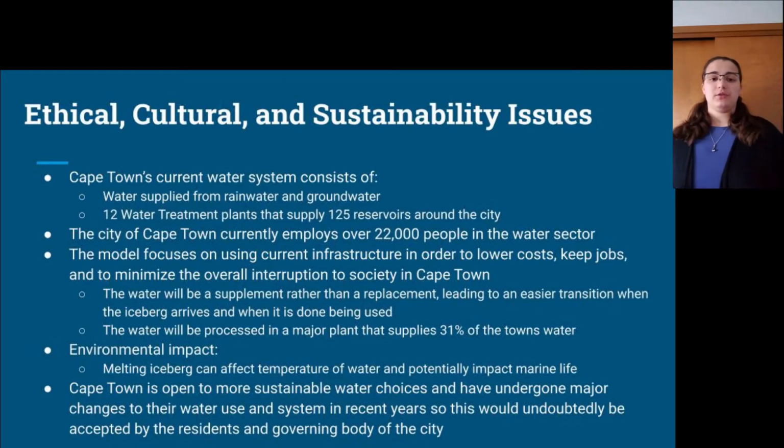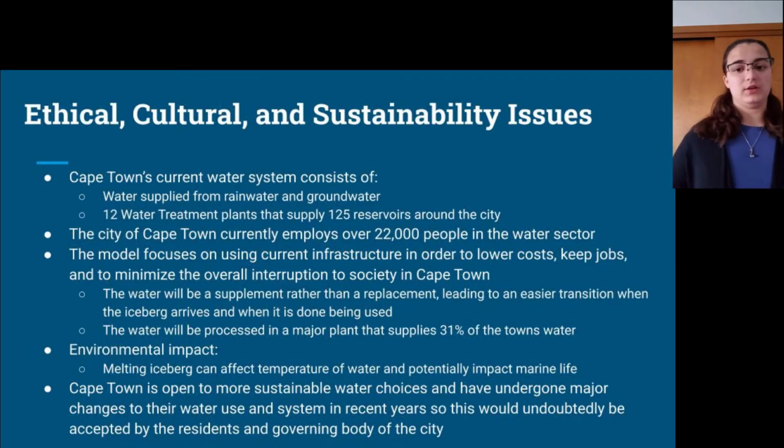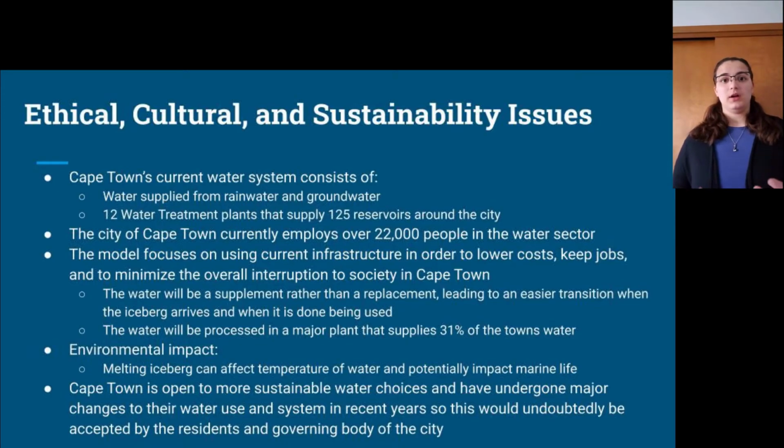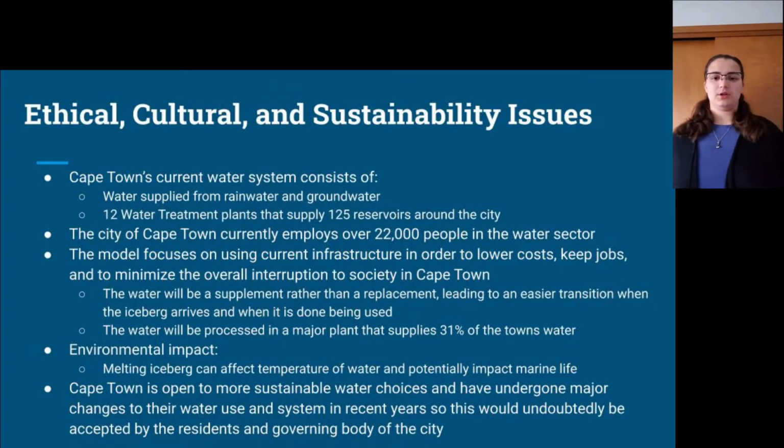The environmental impact was also a very big consideration, and we had to conclude that the effects would be unknown because the melting iceberg can affect the temperature of the water extremely and potentially impact the marine life in the area, especially species that are very sensitive to changes in water temperature.